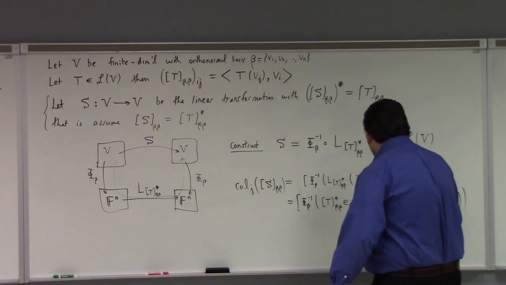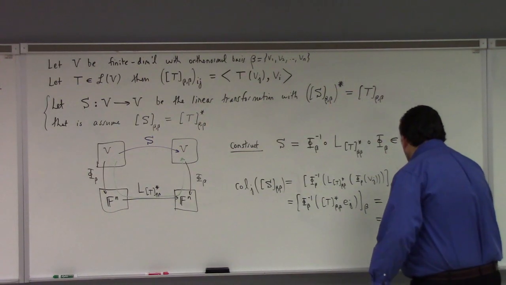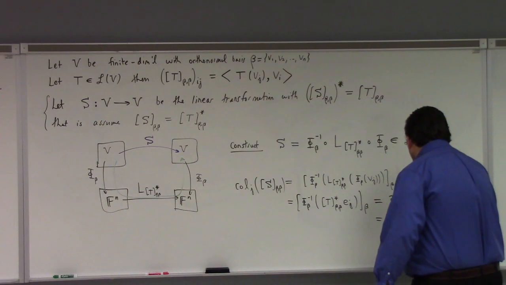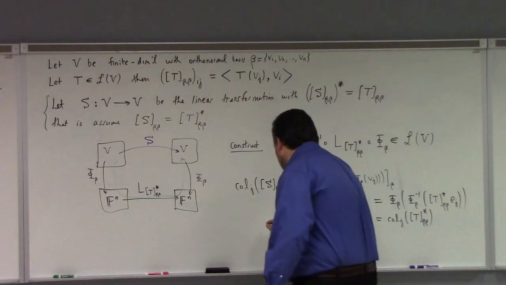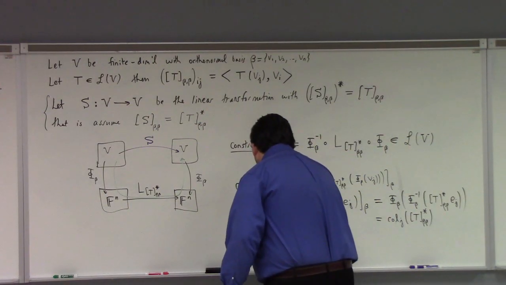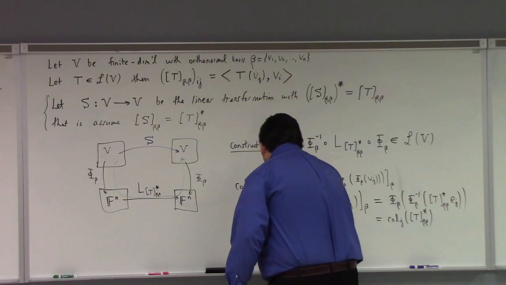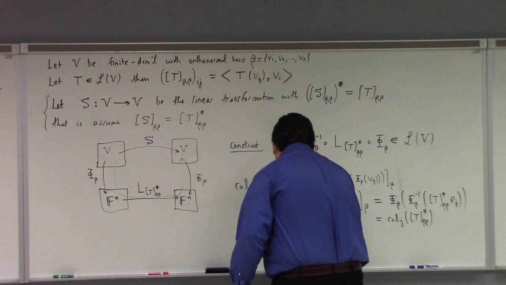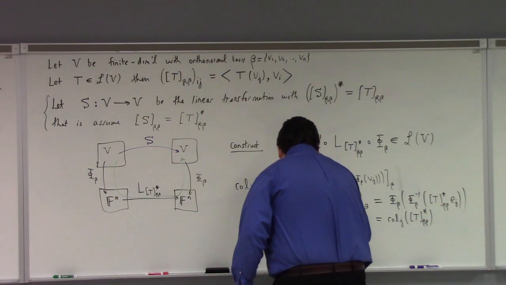Yeah, the jth column of T beta beta Hermitian adjoint. Therefore, since this holds for an arbitrary column, the matrix of S is indeed, as we want it to be, the Hermitian adjoint of the matrix of T.